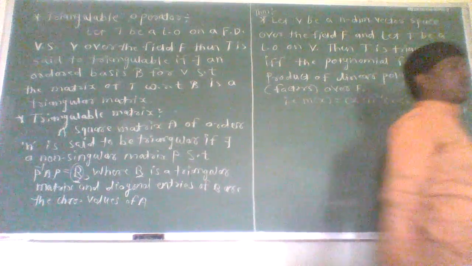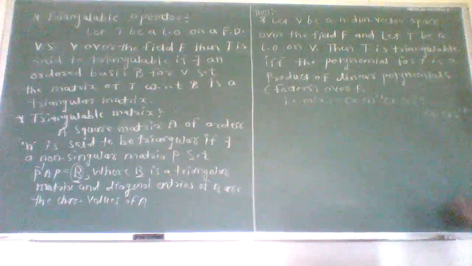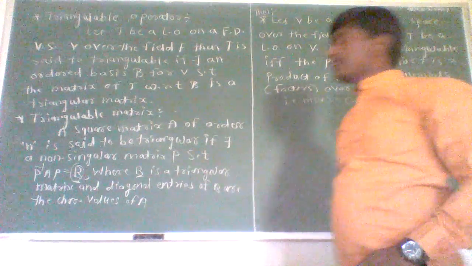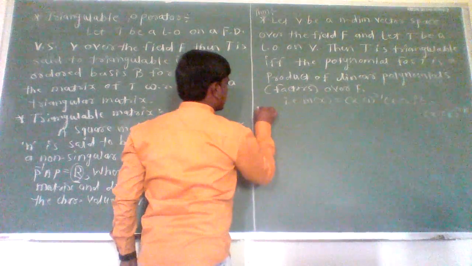That is, T is triangulable if the minimal polynomial for T has this form. Okay, now let us see the proof.